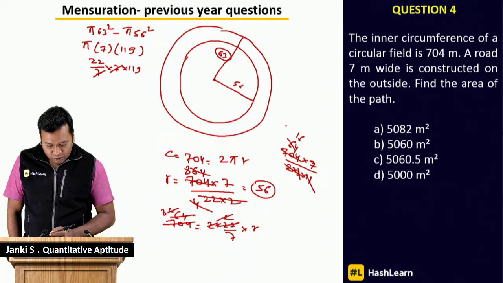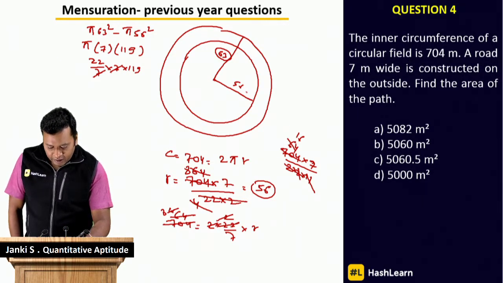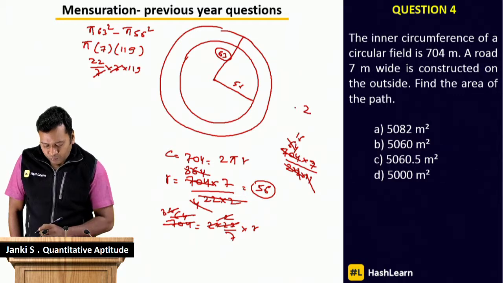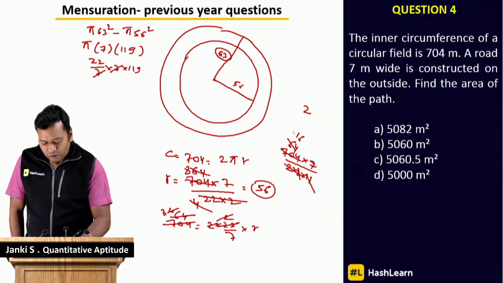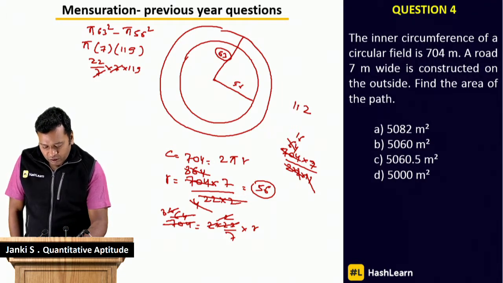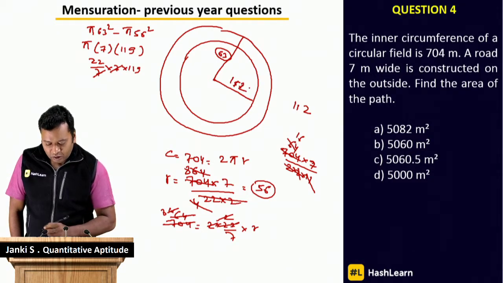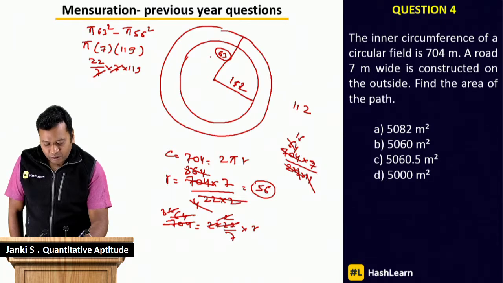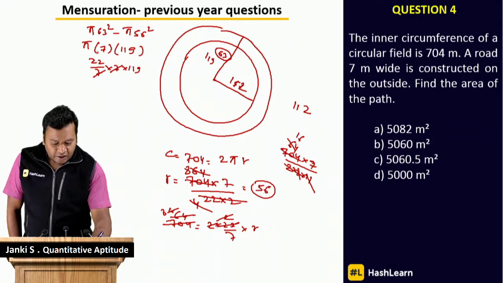So 16 into 7 will be the value, right? So 16 into 7, let's consider. So 6 into 7 is 42, 4, 112, right? It's not 56, it's 112. That is a calculation mistake we have made, and this value is supposed to be nothing but 119 here, right?